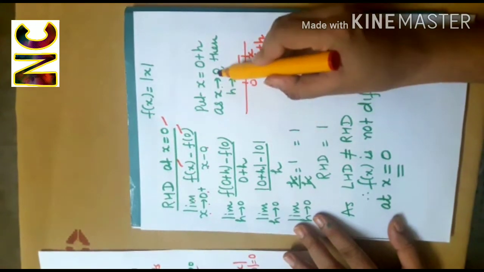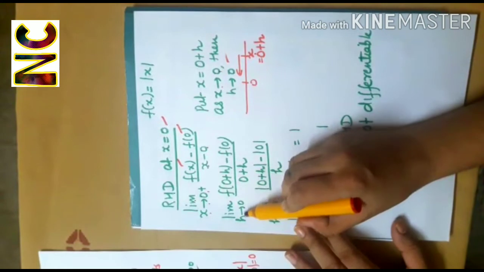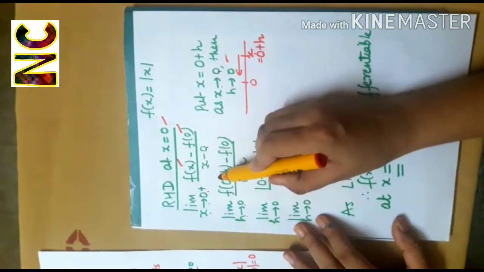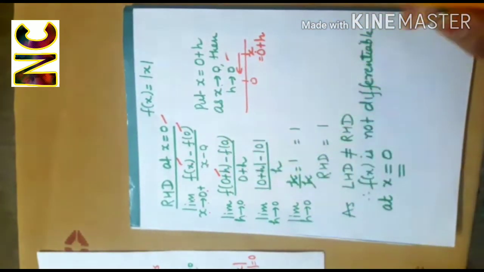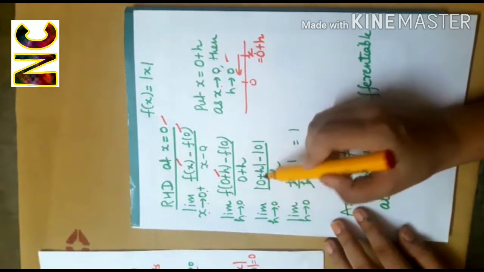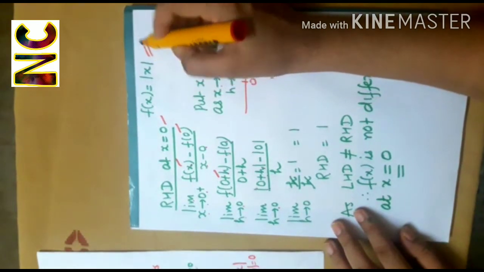Now as x tends to 0, h will tend to 0. So I'll get the limit as h tends to 0 of (f(0 plus h) minus f(0)) over (0 plus h), since role of x is given to 0 plus h.